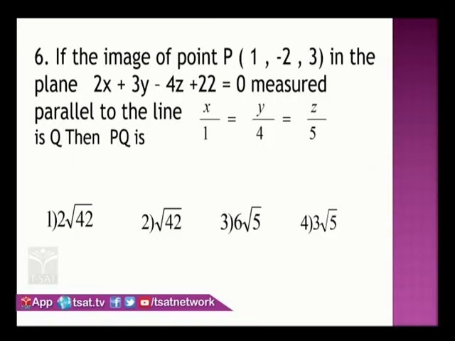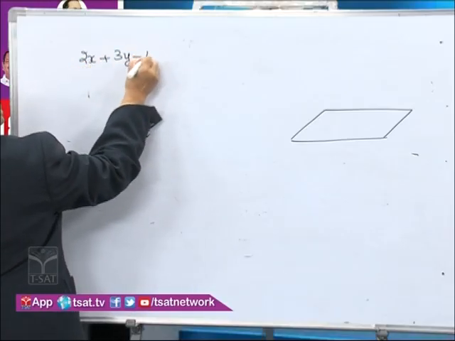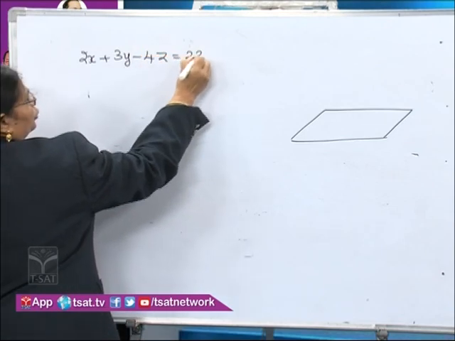If the image of the point P in the plane, measured parallel to the line, is Q, then find PQ. The plane is 2x plus 3y minus 4z equal to 22.